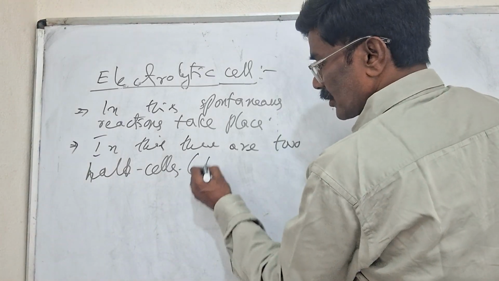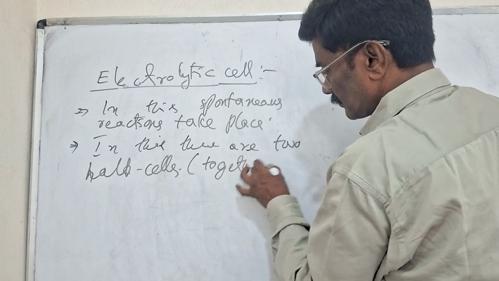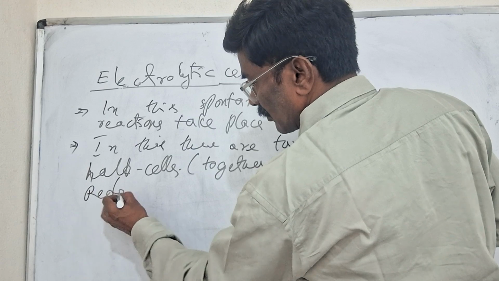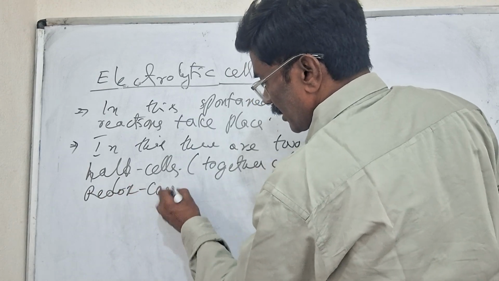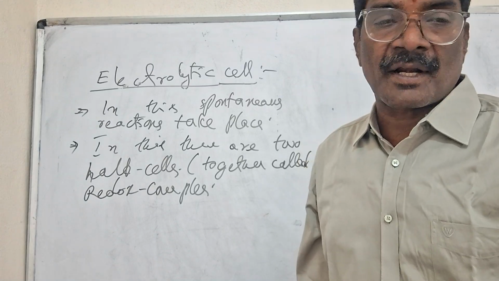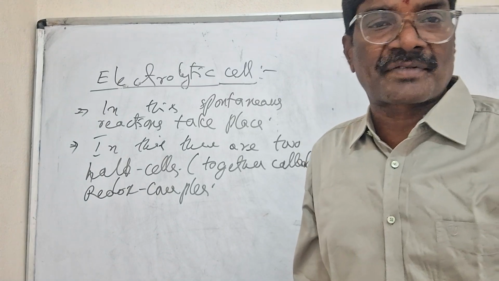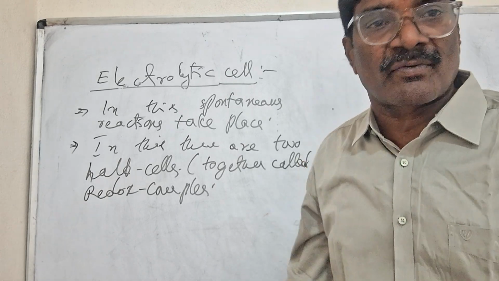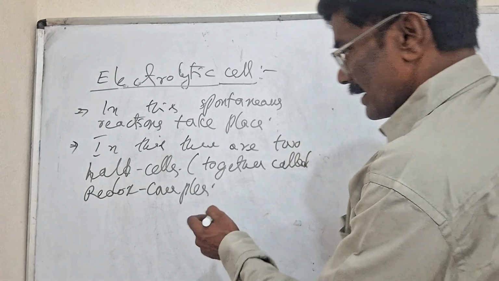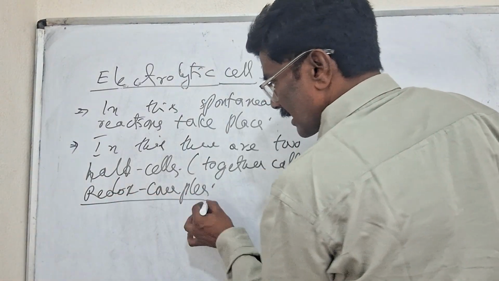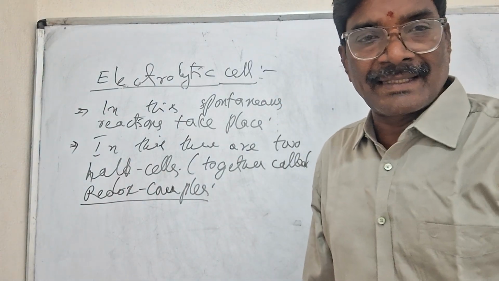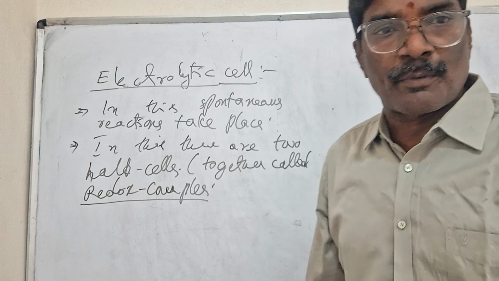Why is it a redox couple? Because in one half cell an oxidation reaction takes place, and in the other half cell a reduction reaction takes place. That is why it is called a redox couple. So in these electrolytic cells there are redox couples.